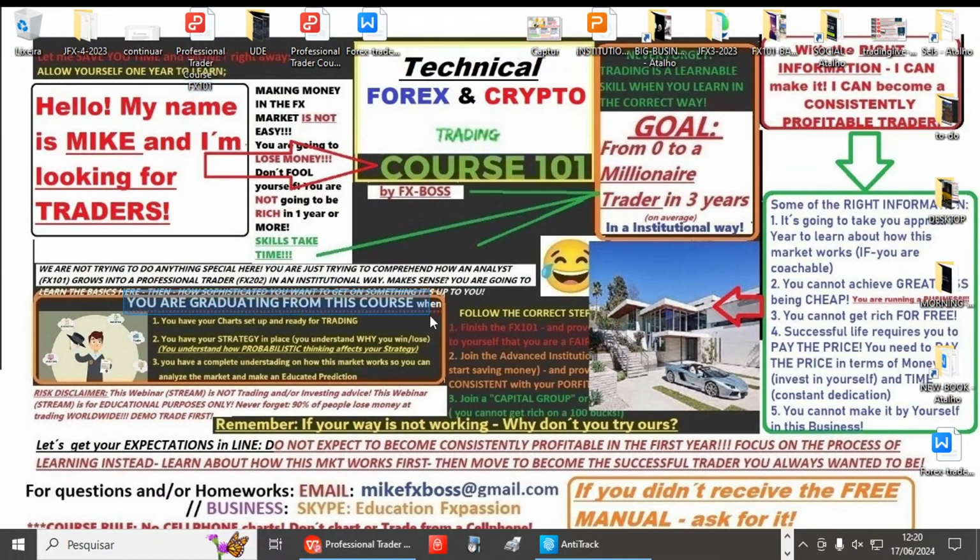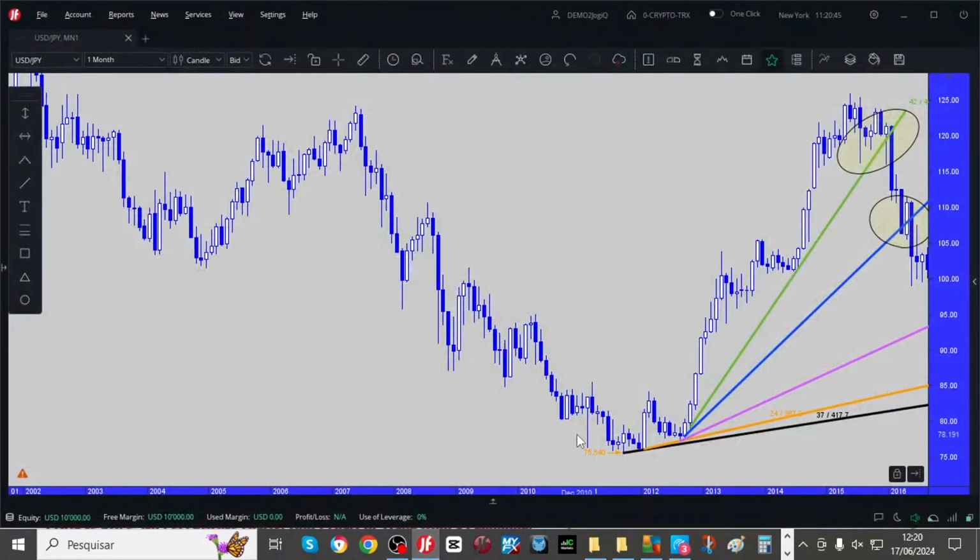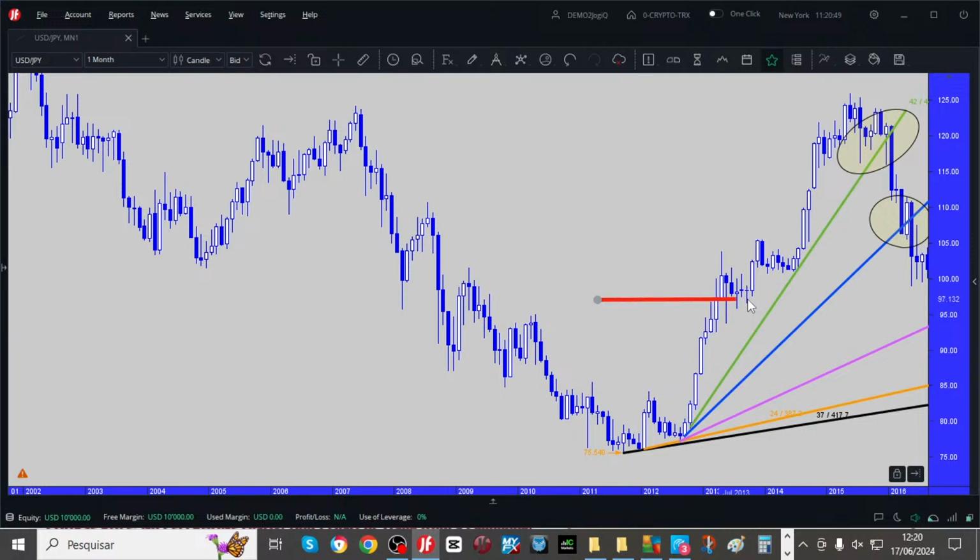You are going to graduate from Forex Course 101 when you have a complete understanding of how this market works, so you can analyze the market and make an educated prediction. What would be your prediction, as the analyst, when the market is in here?